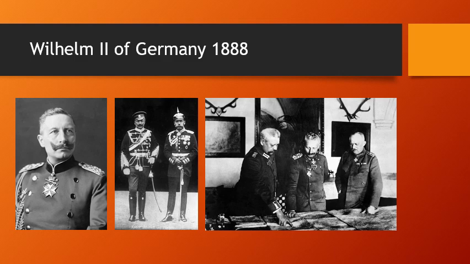So, firstly, after assuming charge in 1890, he dismissed the pillar of Germany's entire foreign policy, that was Bismarck. With this, Bismarck's legacy, his masterpiece, the balance of power in Europe, was disturbed, and the reason was his ambition to make Germany not a secondary but the leading power, the great power of Europe.